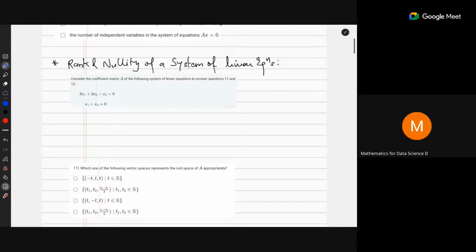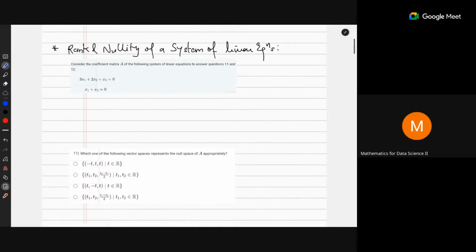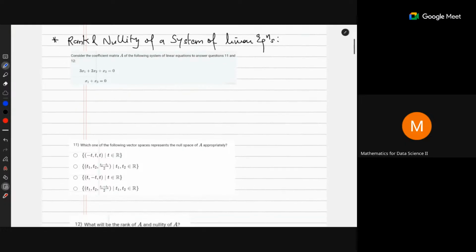Now, rank and nullity of a linear system of equations. You are given a system of linear equations. How do you find the rank and nullity of this system? First, you need to construct the coefficient matrix.